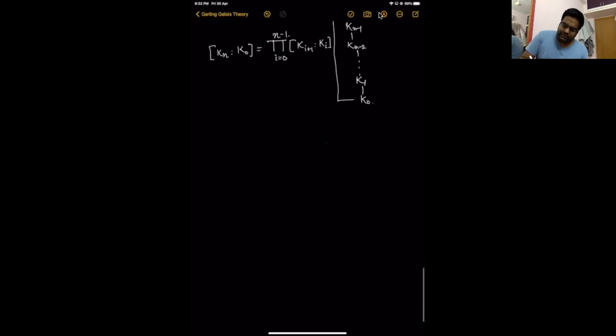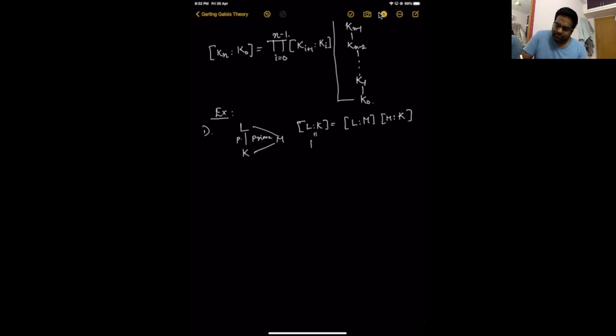So as an exercise, you can easily see that if [L : K] is a prime number and M is a subfield of L, then [L : K] = [L : M] times [M : K]. But this is a prime number, so at least one of these must be p and the other must be 1.